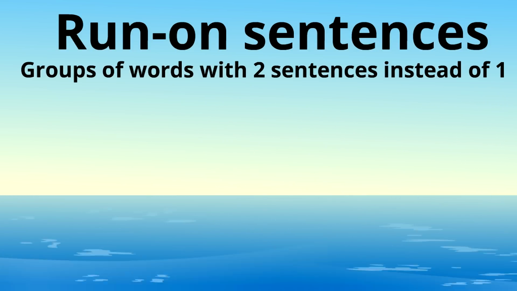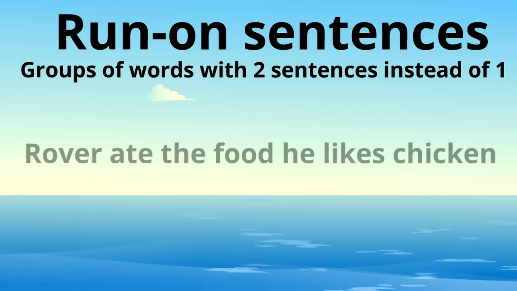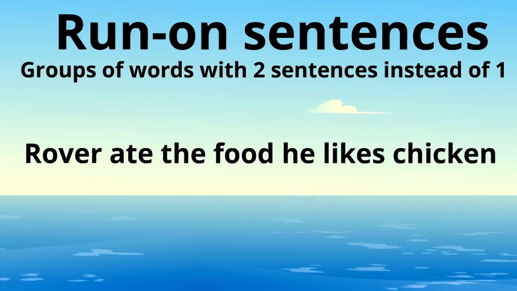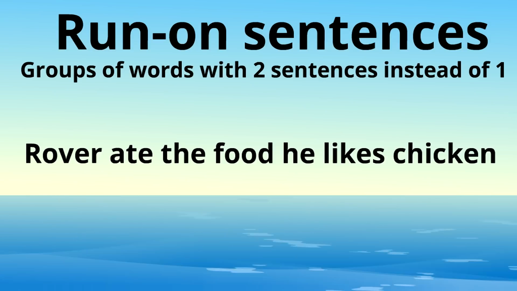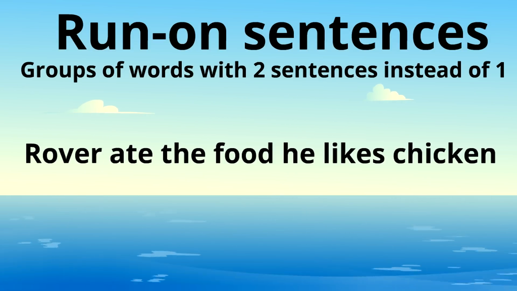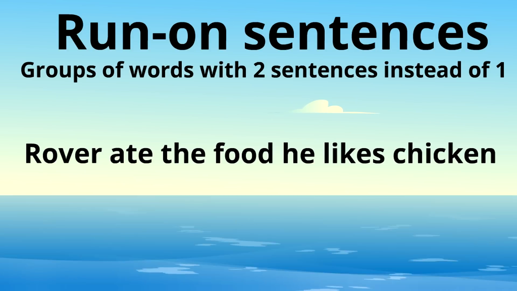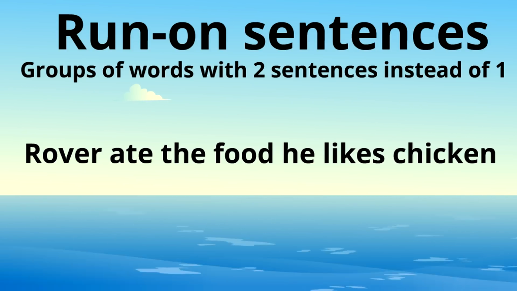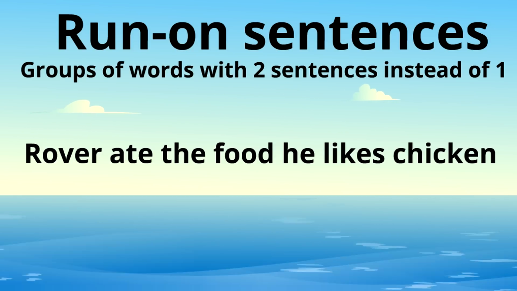Look at this run-on. Rover ate the food. He likes chicken. Wait a second. That's giving two complete thoughts. There are two sentences in this thing. All right, we got to fix this. Where do we need to split up this run-on sentence? Do you know where? Go ahead and say it.